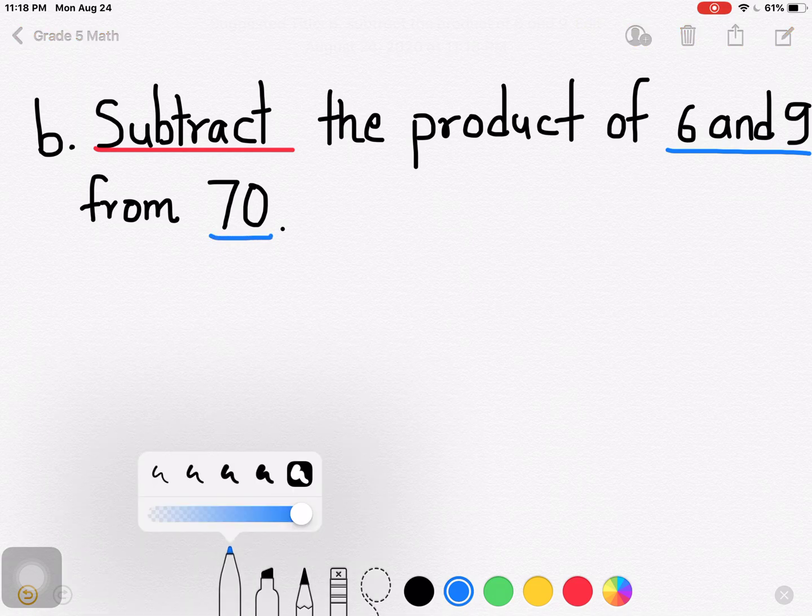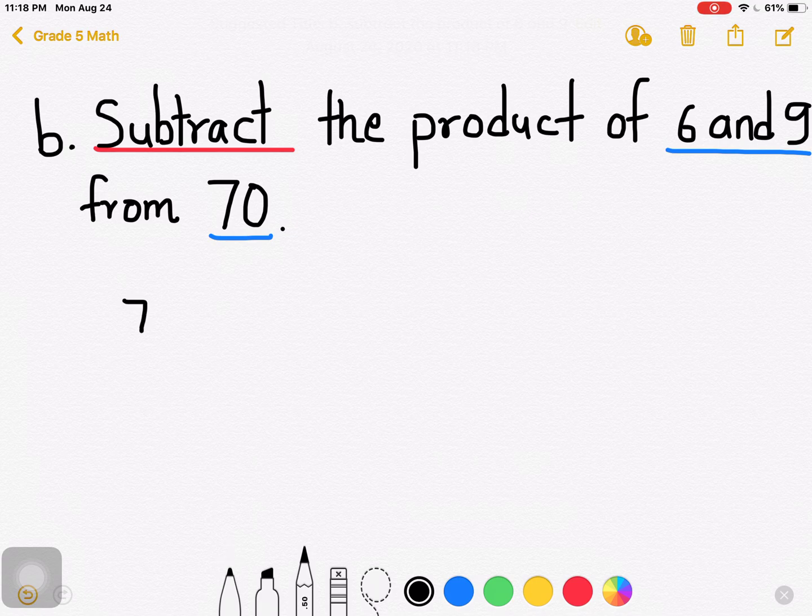Now let us make the problem as we have done in question A. From which number do we have to subtract? From 70. Which number? The product of 6 and 9.